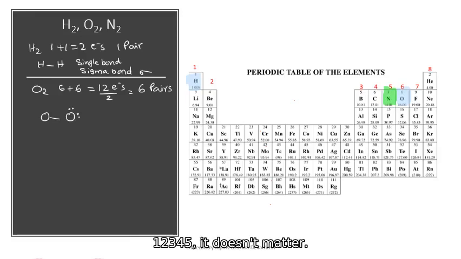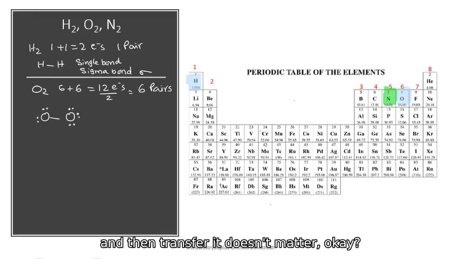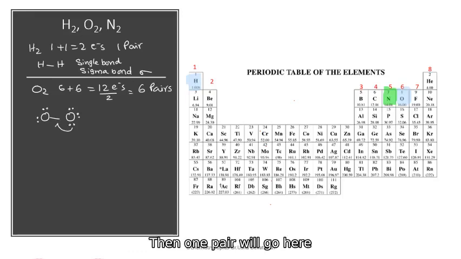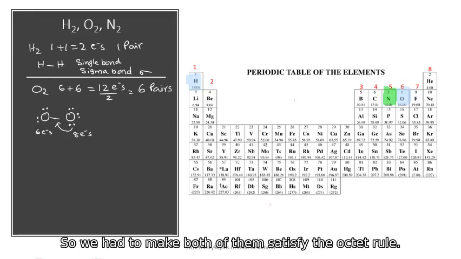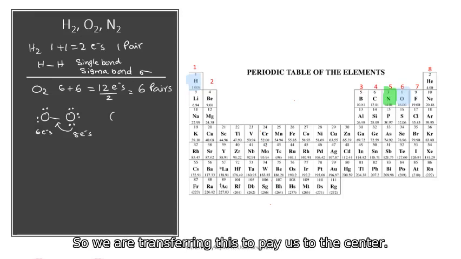1, 2, 3, 4, 5. It doesn't matter. You can put 3 here and 2 here and then transfer. Then one pair will go here because we have only 6 electrons around this oxygen and 8 electrons around this oxygen. We have to make both oxygens satisfy the octet rule, so we are transferring these 2 pairs to the center.